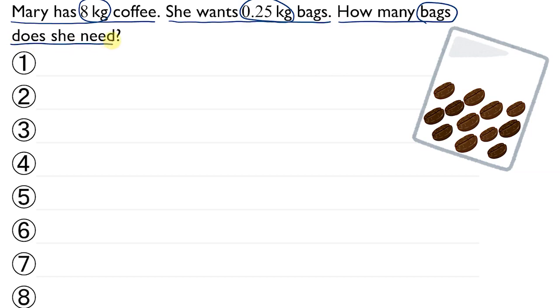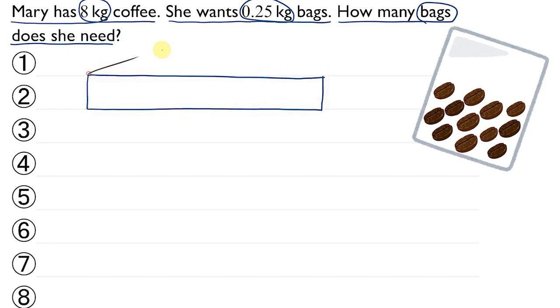Right, let's use a bar model to help us understand this question better. So we have a long bar. Its total length is 8 kilograms. And for every 0.25 kilogram, we count it as one bag.